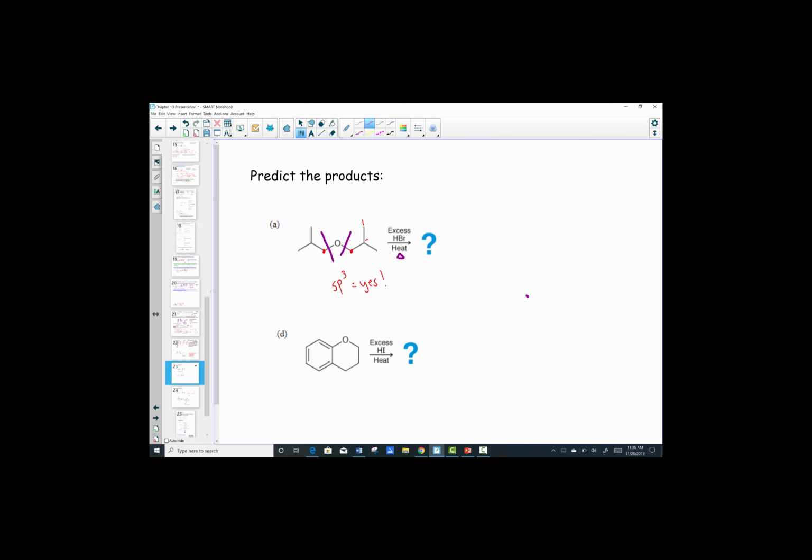So we have a 3-carbon chain, and leading out is another carbon. So here is, you know what? They're identical, aren't they? Both sides. This is a symmetrical ether. So that means we're going to produce 2 like products, right?